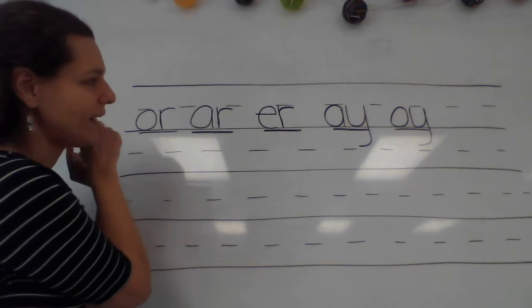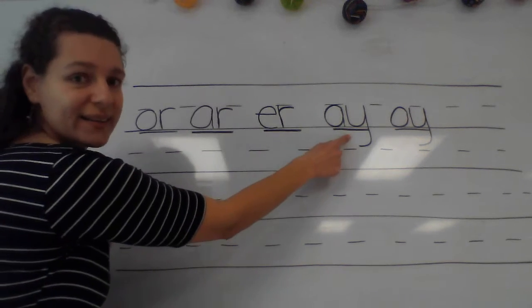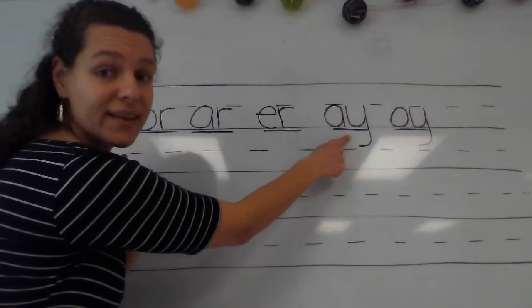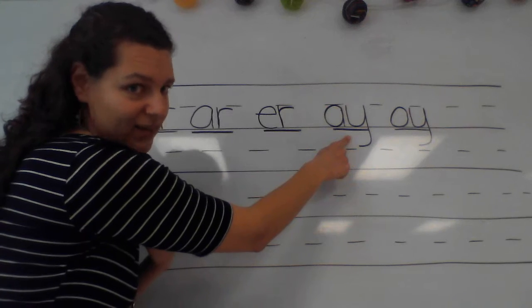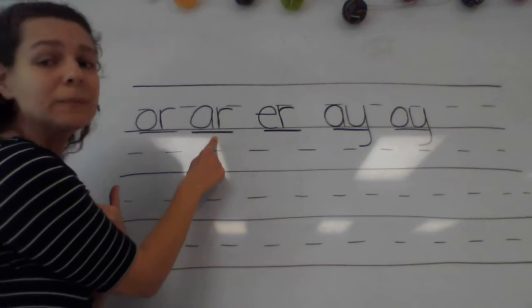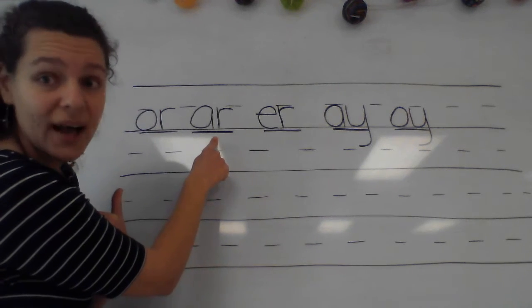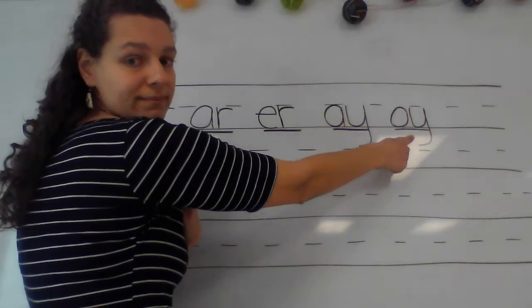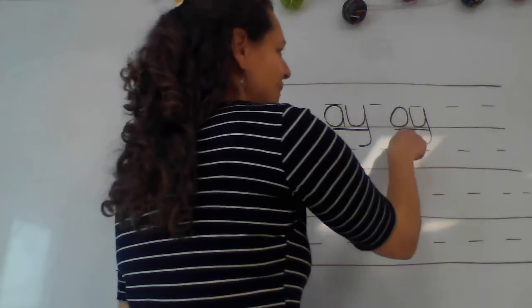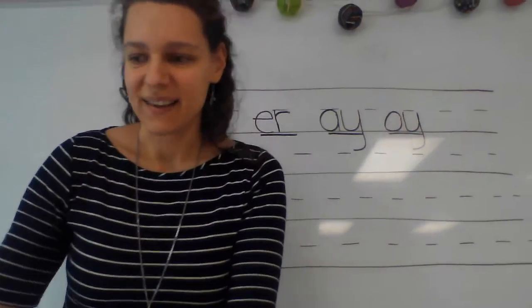Good, or. How about this one? A 2-letter A that we do use at the end of English words. How about this one? R. And this one? Good, oi, that we do use at the end of English words.